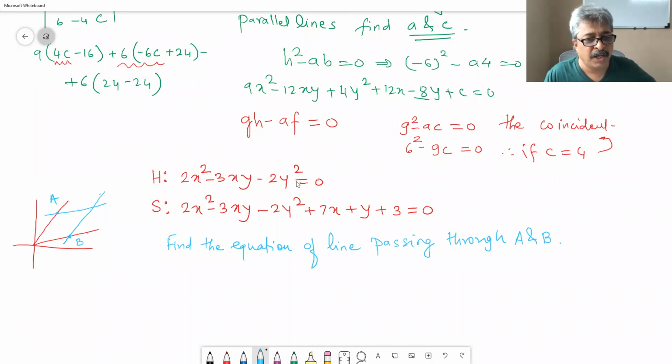See, the homogeneous part is exactly the same. Homogeneous part in both the cases is exactly the same, and that is what is important to us. The answer happens to be 7x plus y plus 3 is equal to 0.